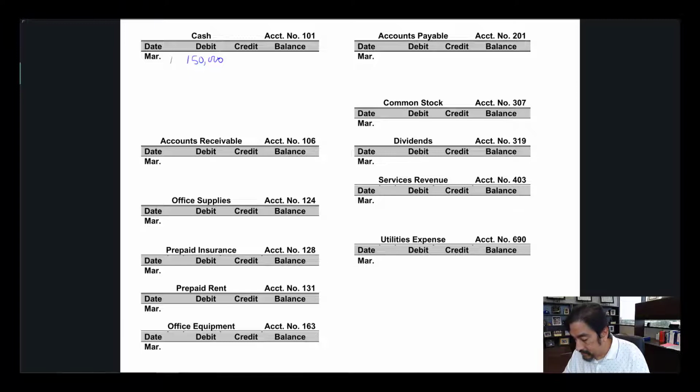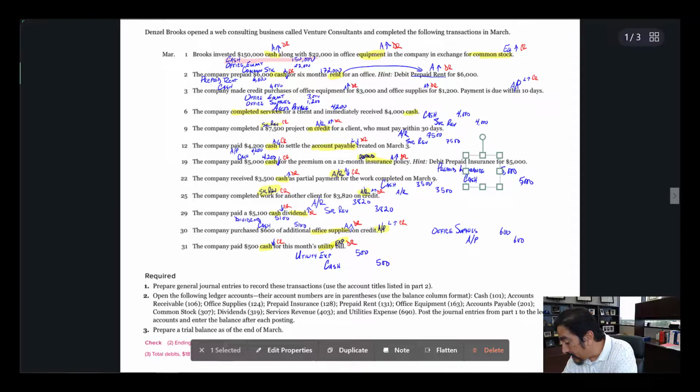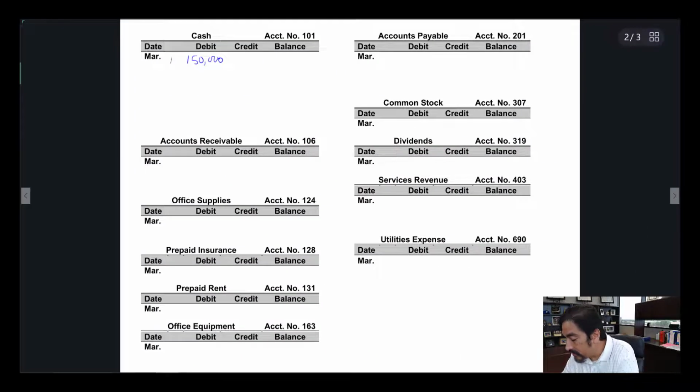But I'm just going to zoom through these things. I'm just going to put the debits and the credits down. Next, I've got a debit to office equipment for $22,000.